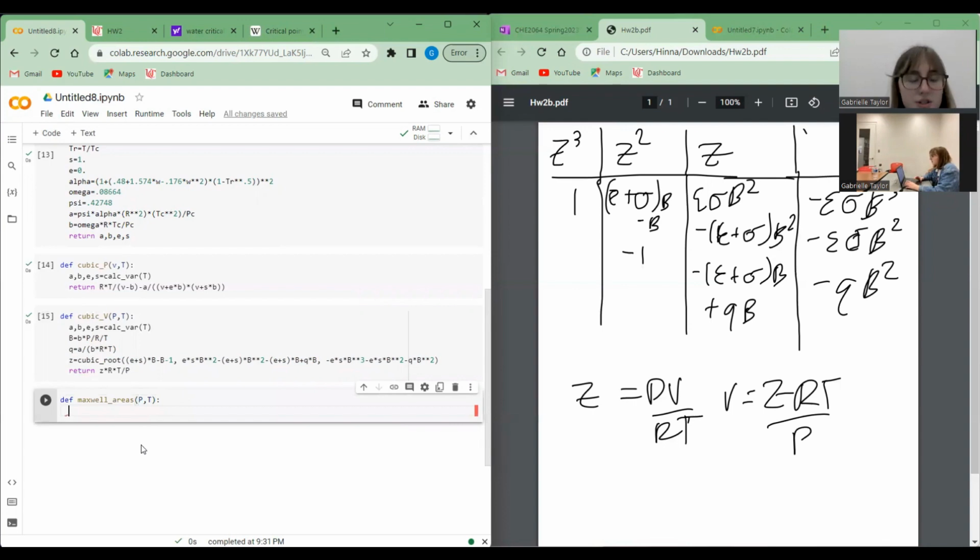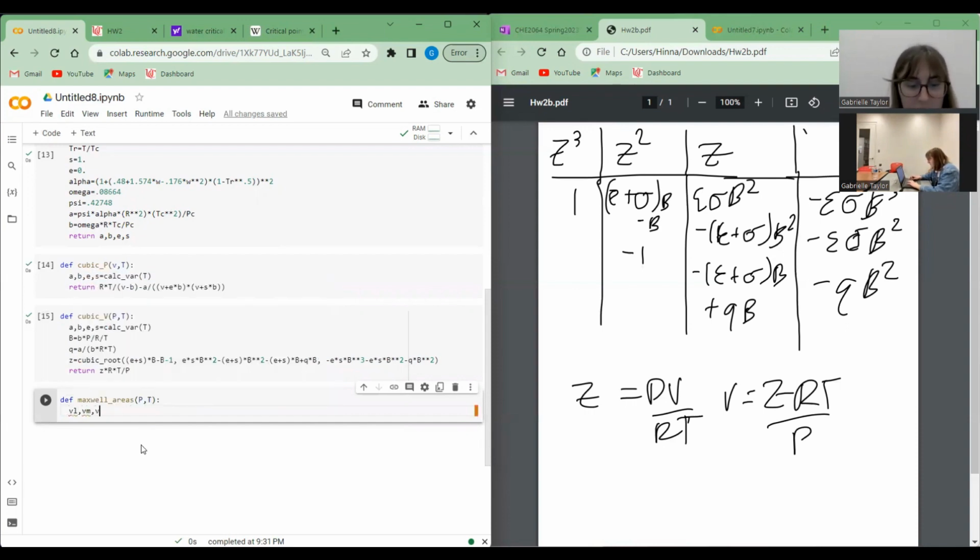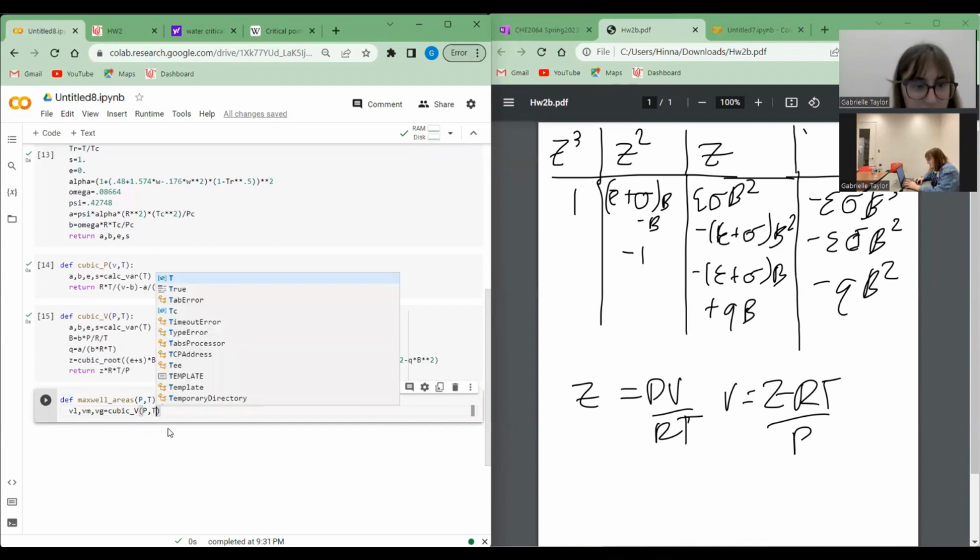What we want to do is unpack our cubic volume. So this is going to be PL, PM, and DG, and this is going to be unpacked in respect of pressure and temperature.